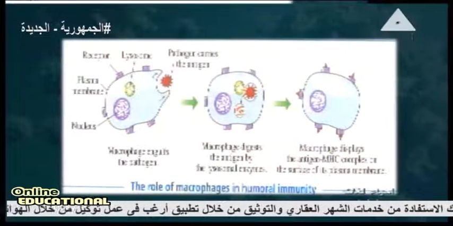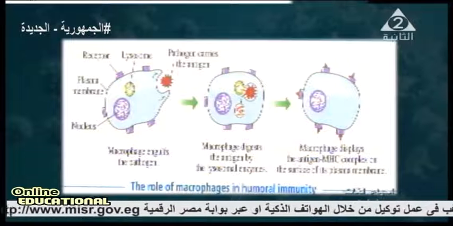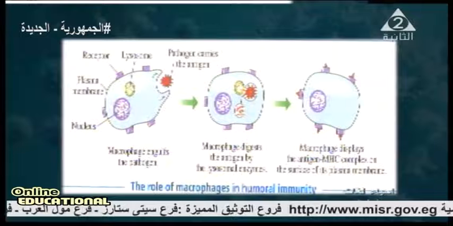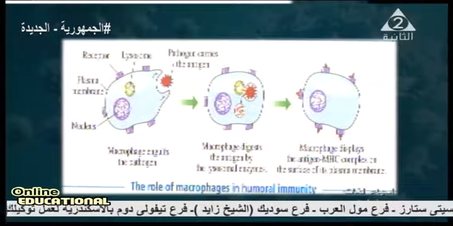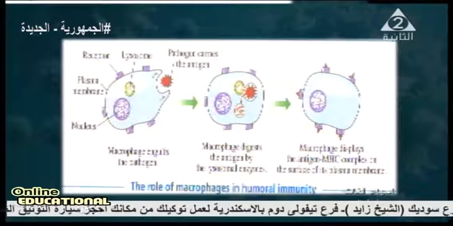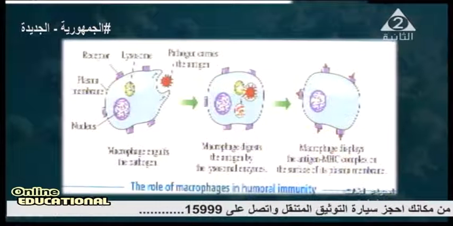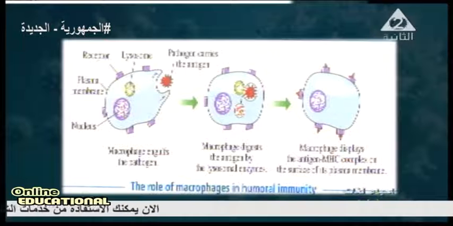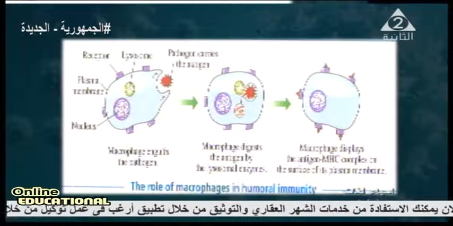Okay, now we are going to see what happens in this figure. The first, the role of macrophage in humoral immunity. This slide shows what we said in the last slides. Number one, this is the macrophage. This is the lysosome. These are receptors, found on the outside of the macrophage. After that, what happens to the pathogen? This is the pathogen which carries antigen.